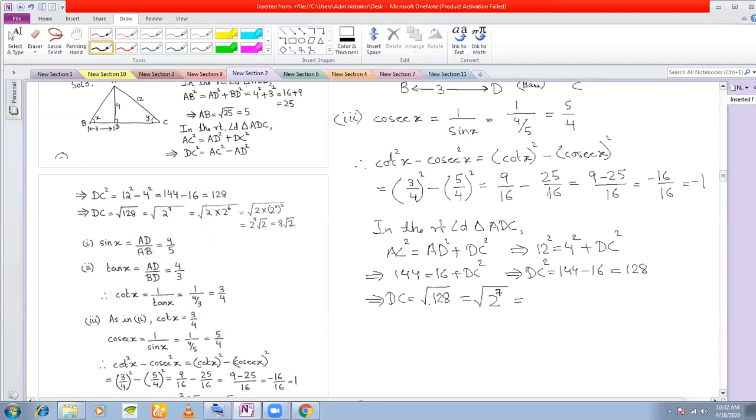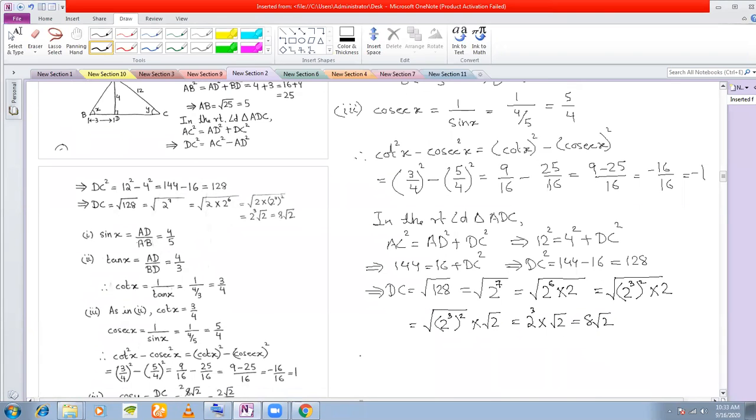We are trying to convert this to a mixed surd. 2 to the power of 7 can also be written as 2 to the power of 6 into 2, which can also be written as 2 cube whole square into 2, because we need to express 2 to the power of 6 as a whole square. So this becomes square root of 2 cube whole square into square root of 2. So this becomes 2 cube into root 2. The 2 cube is 8, so this becomes 8 root 2. So DC is 8 root 2.